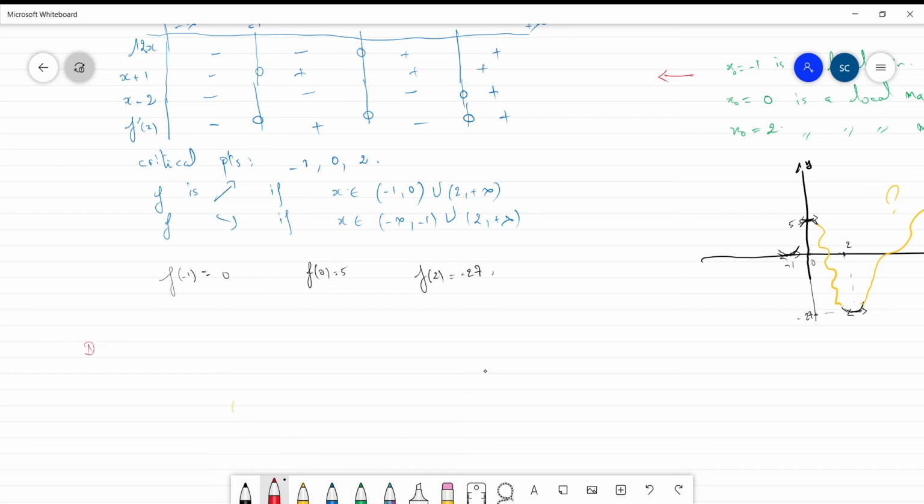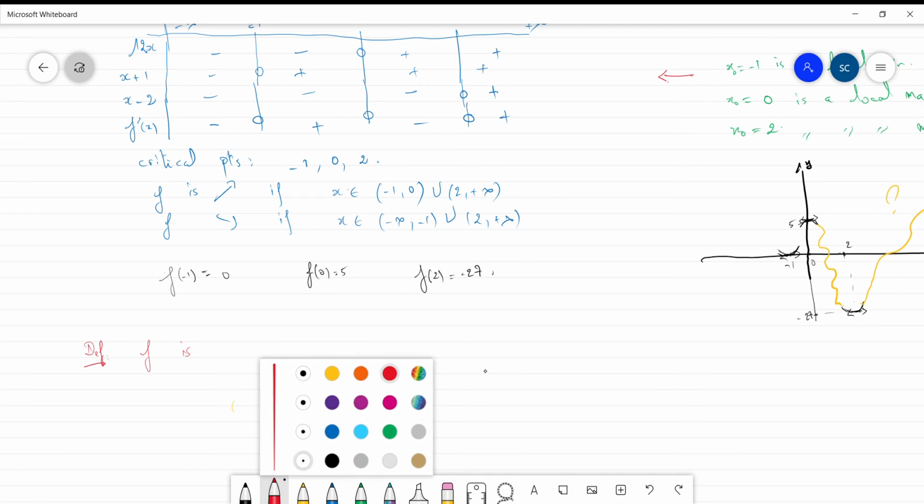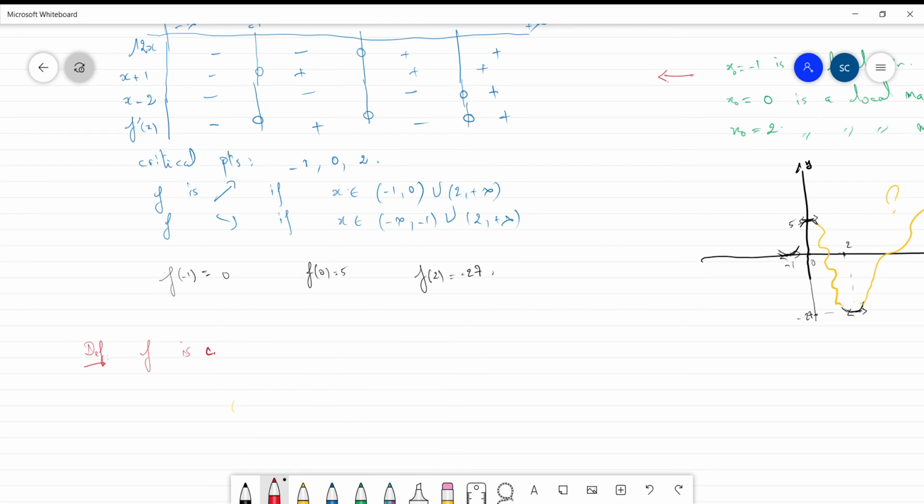Let's give the definition of concavity. Definition: f is concave if f prime is decreasing. f is convex if f prime is increasing.